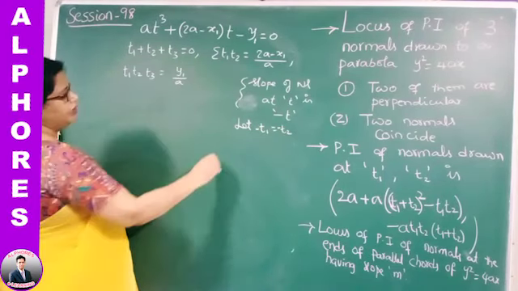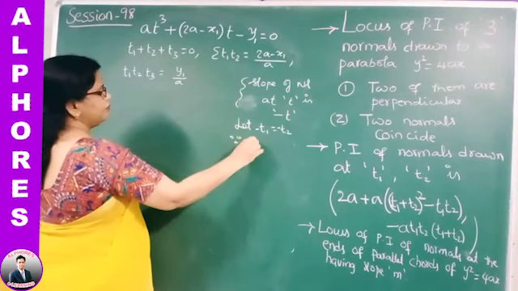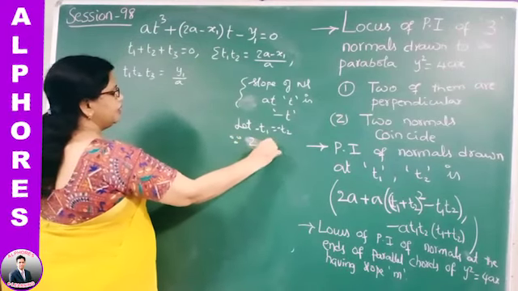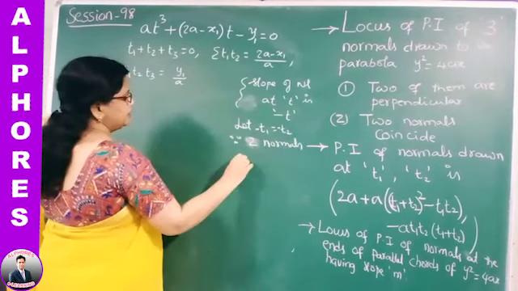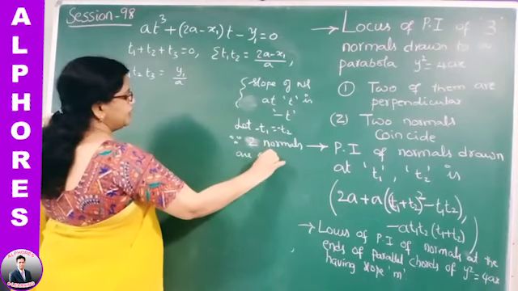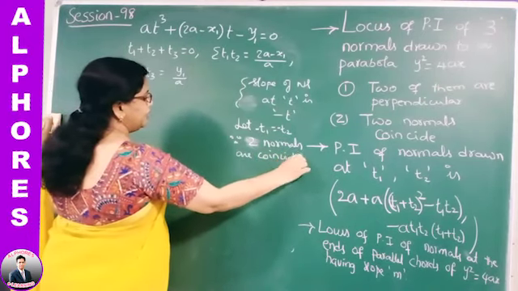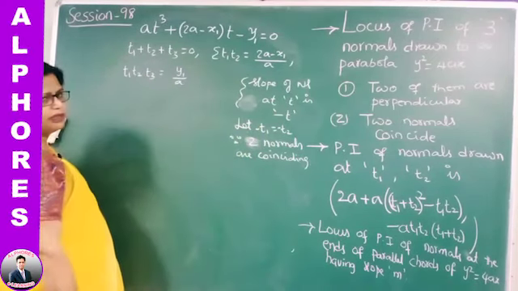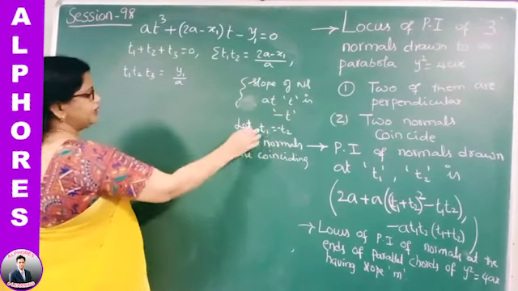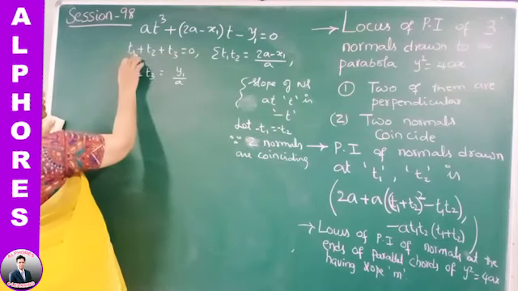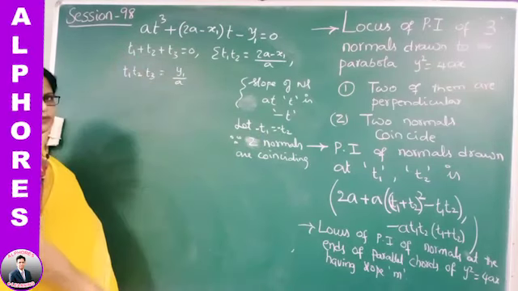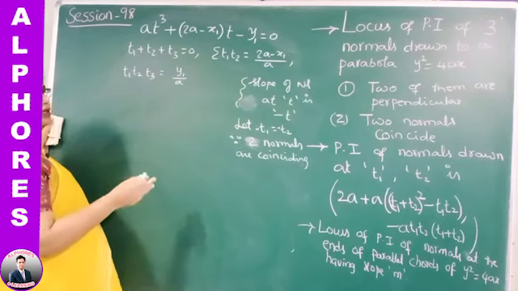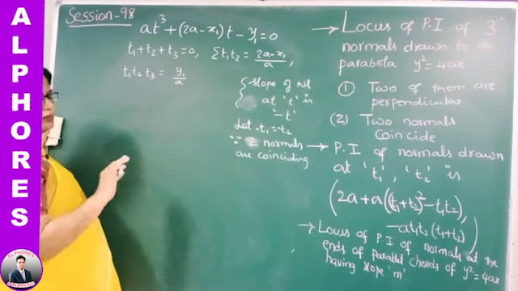Since two normals are coinciding, their slopes are equal, minus T1 is minus T2, that implies T1 is T2. So let us substitute here and here, anywhere, such that we eliminate the parameters T1, T2, T3.